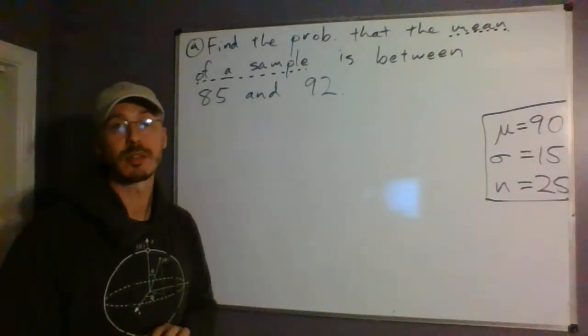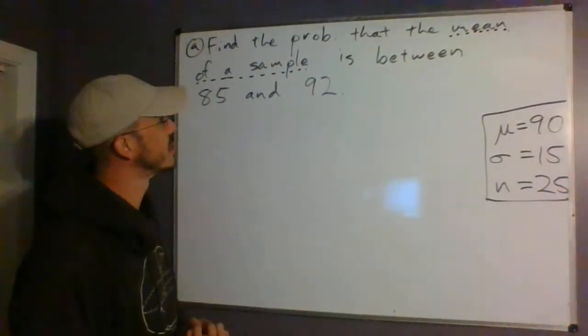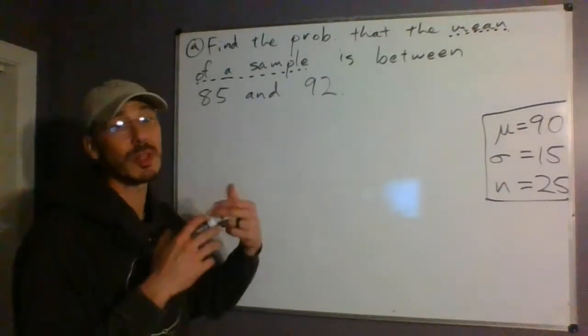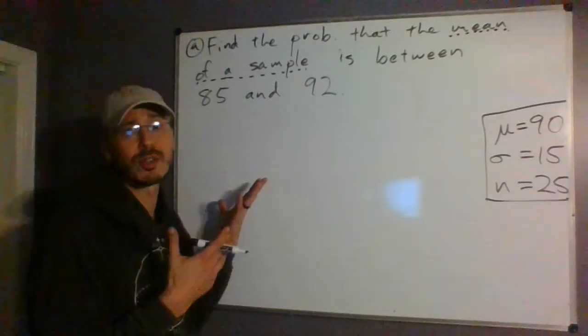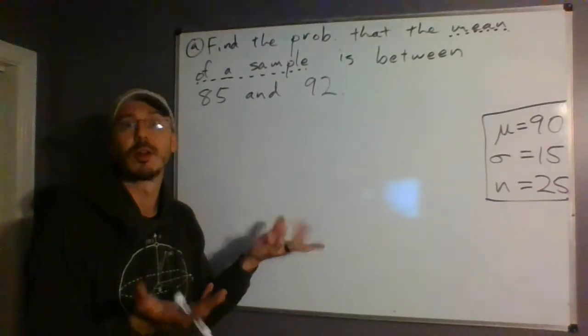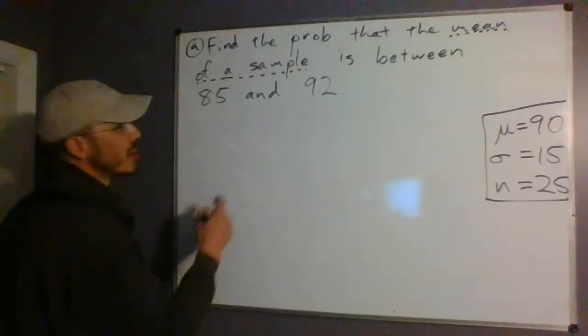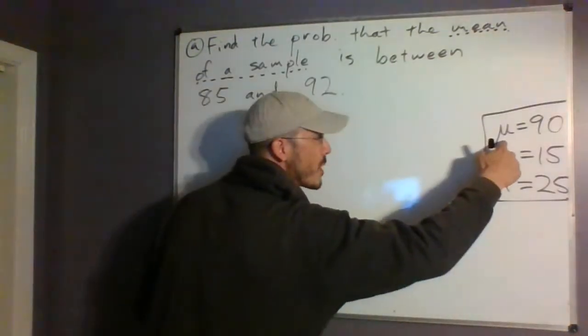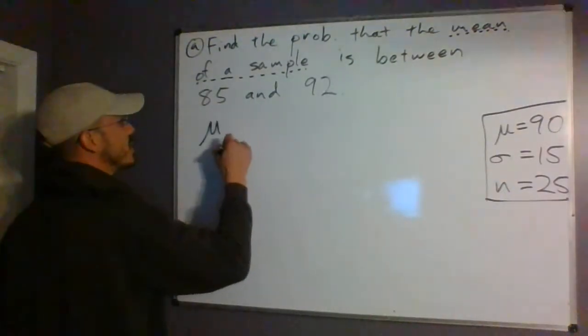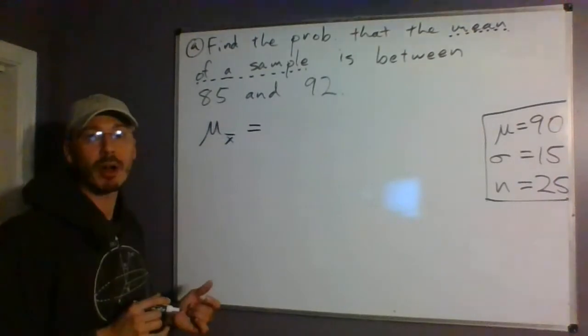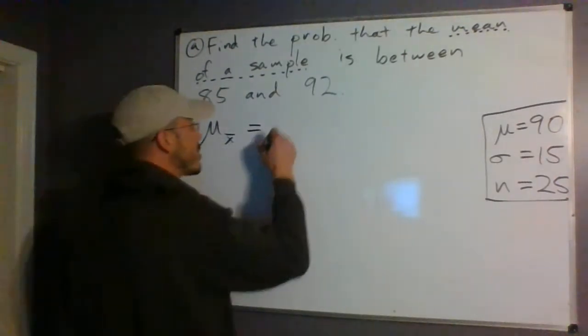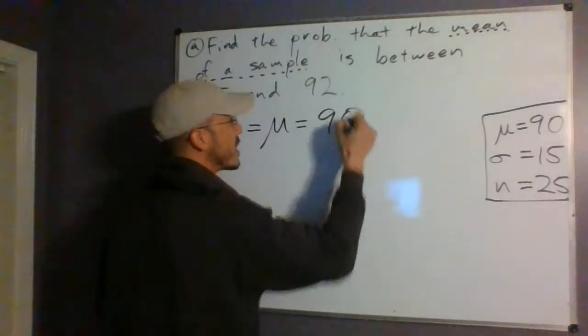Very big difference. If it was just a single value, we couldn't really say anything because we don't know that this is normally distributed. But the sample means are distributed normally, so I can do that here. I just have to be careful. The mean for this distribution, the mu x bar that I'm going to use, is the same as the regular mu, which in this case is 90.